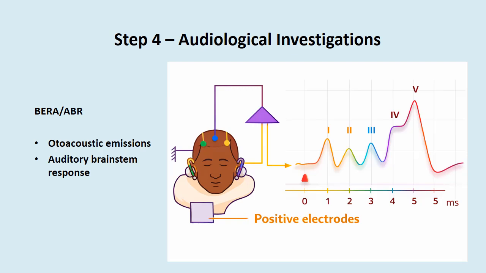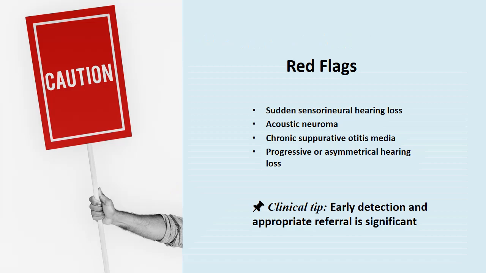Clinical uses of this test include newborn hearing screening, detecting retrocochlear lesions, for example vestibular schwannoma, use in uncooperative patients, and objective estimation of hearing threshold. Urgent ENT referral is needed for sudden sensorineural hearing loss, asymmetrical or progressive hearing loss, suspected acoustic neuroma, and chronic ear discharge.